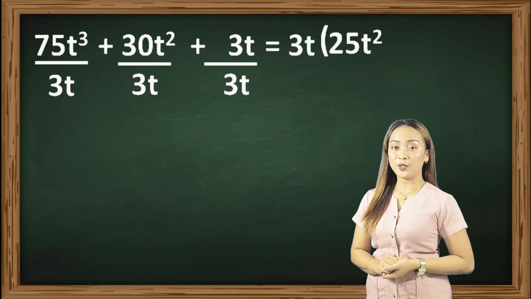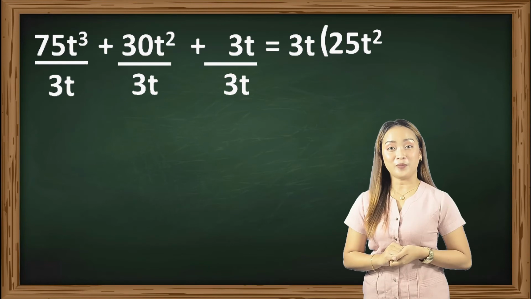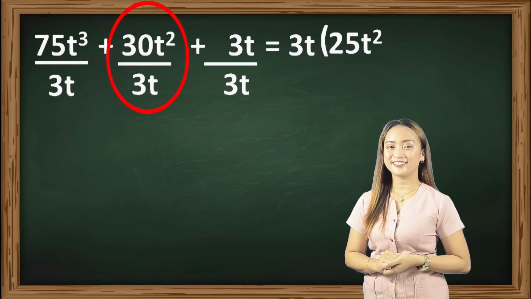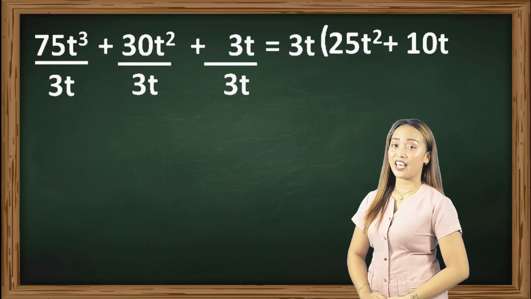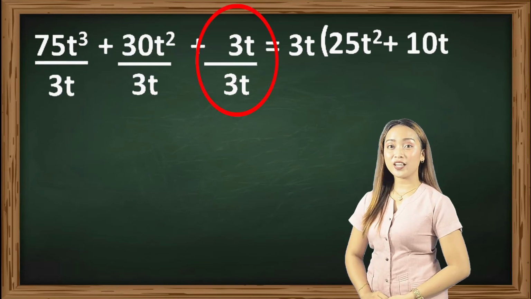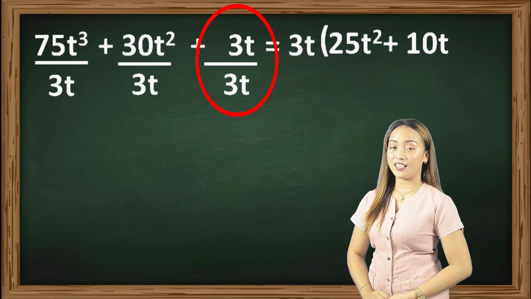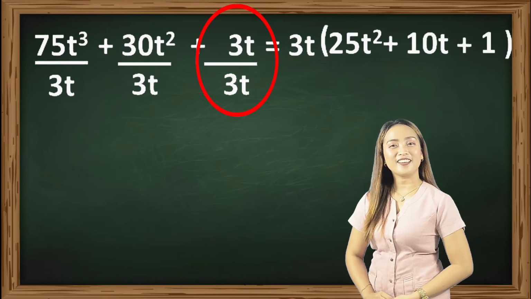So let's put squared above. Next, plus 30t squared divided by 3t is equal to 10t. And plus 3t divided by 3t is 1. That's it.